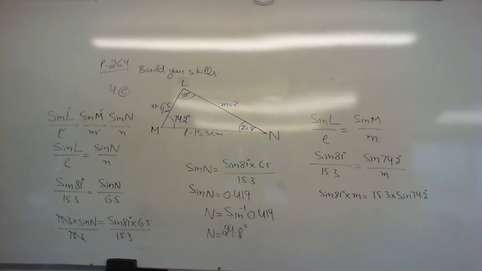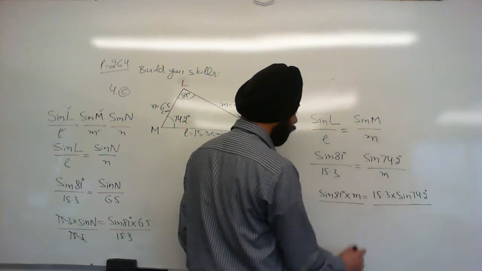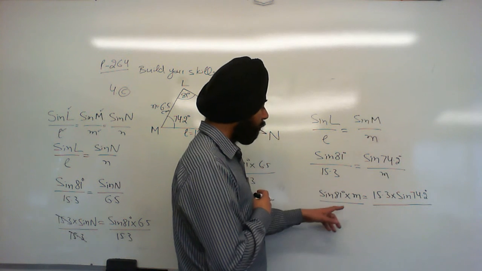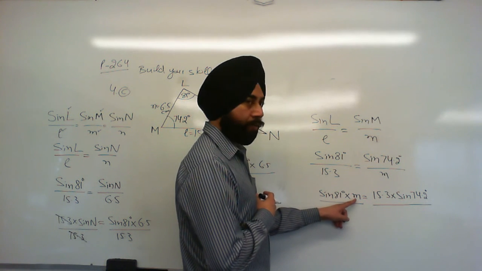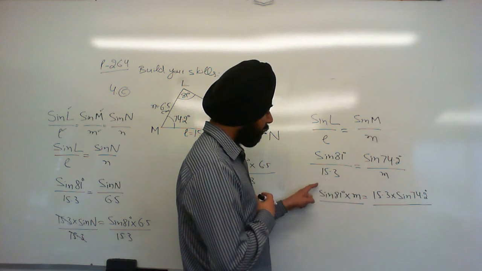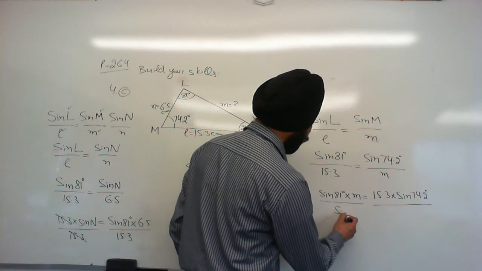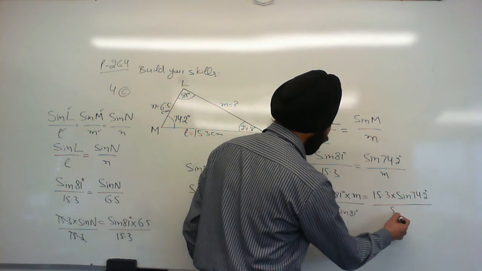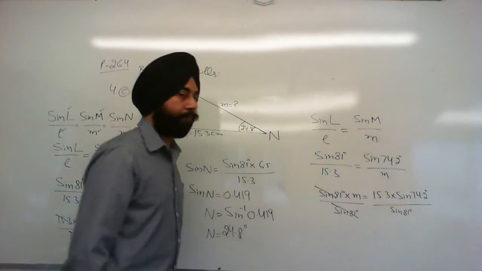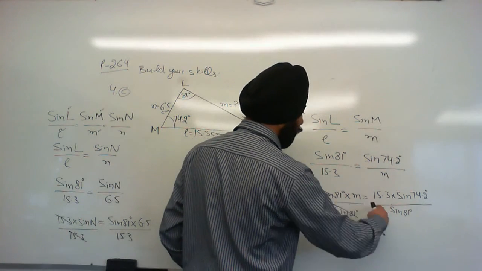And what do you do to isolate M? Divide both sides with what? We have to look at the board. We have to isolate M. That means we need to get rid of sine 81. So you divide both sides by sine 81. This way you will be able to cancel this. So that gives you M is equal to that whole thing.